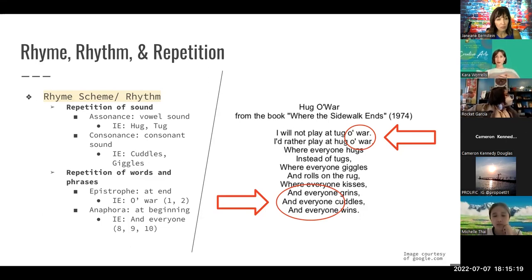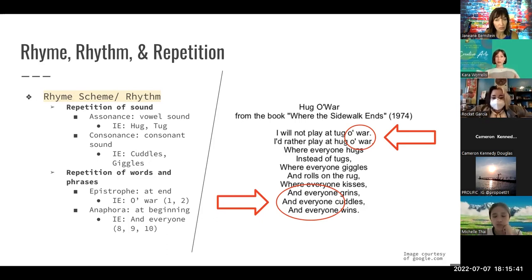Consonance is the repetition of consonant sounds, which in this poem would be "cuddles" and "giggles." That "dulls," "gulls," that "ulls" ending is what makes it consonance. So that is one important element of creating rhythm and a rhyme scheme in a poem.